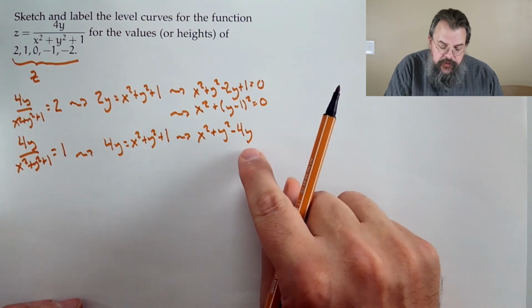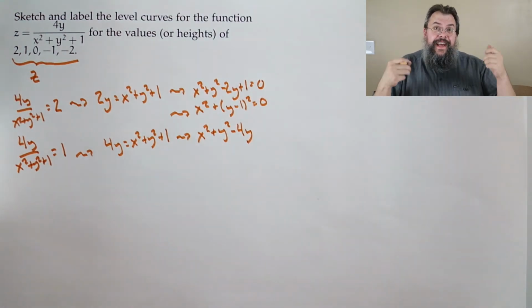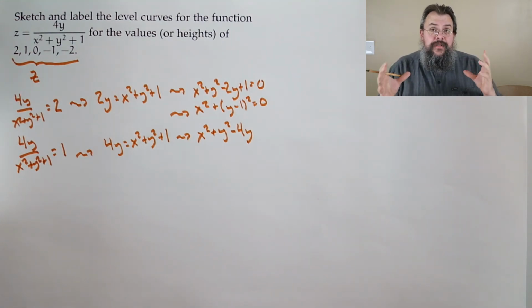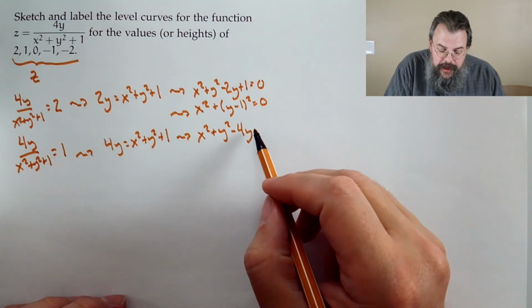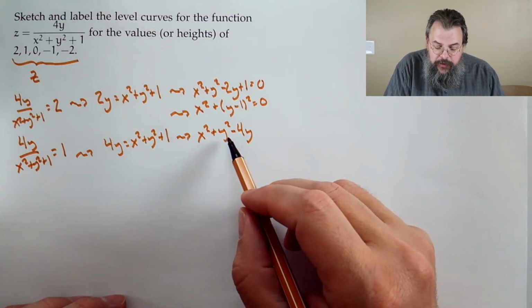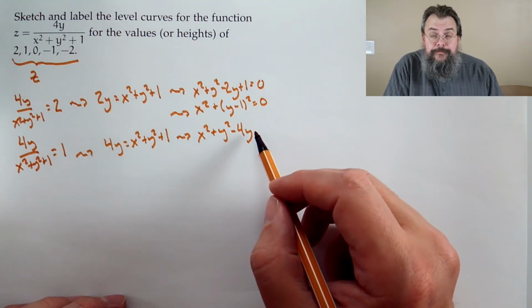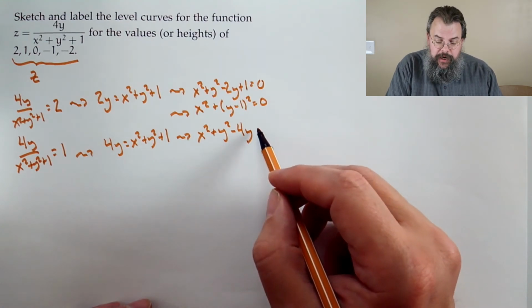Because we can kind of see, if you see an x squared, y squared together, it's a circle. So you'd want to say, well, let's complete the square. If you were to make this a perfect square, y squared minus 4y, you would need to add plus 4. Take the middle term, divide by 2, and square.